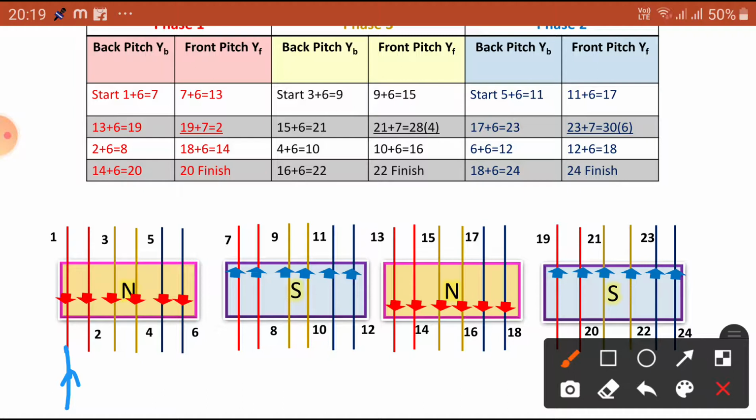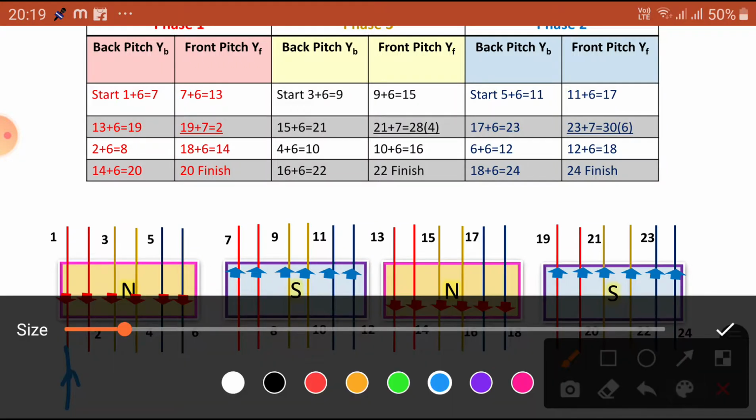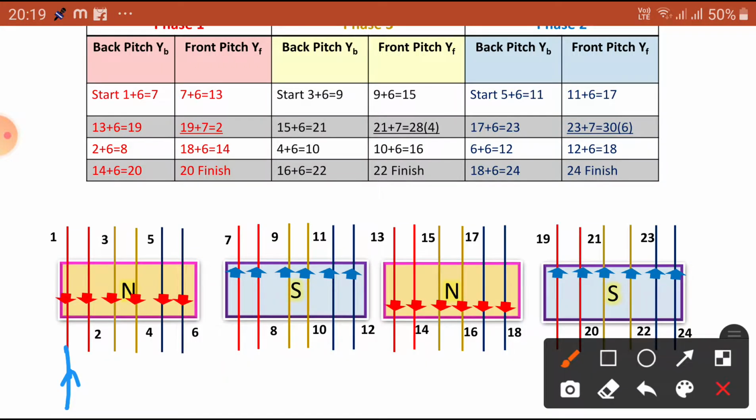Okay, so what is the table? 1 plus 6. So let us take these colors also. We take the red color for this one. So we take the R phase here, start here. So here 1 is connected to the 7th. Where is 7? Here is 7. Okay, so we connected the 7th here.